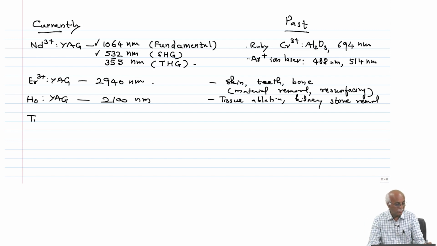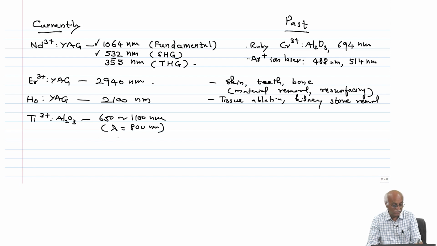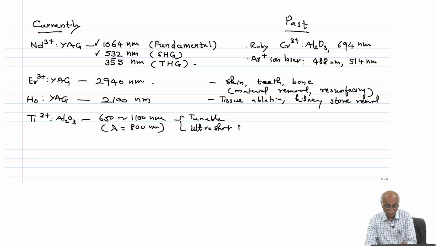Then the titanium sapphire laser. We know the wavelength range is 650 to 1100 nanometer, with a central wavelength around 800 nanometer, and it can work as a tunable laser or as a very ultra short pulse laser, femtosecond, as we talked about, because the spectral width is wide.